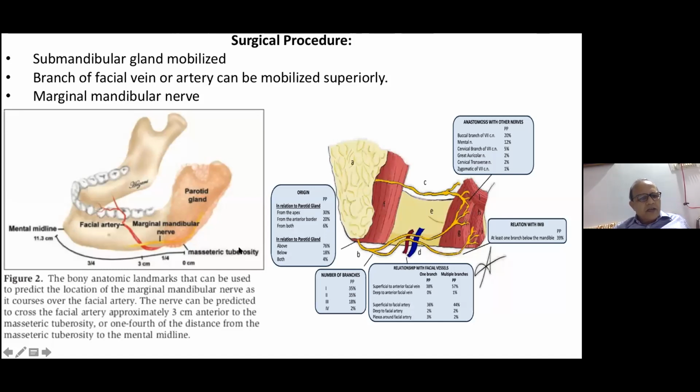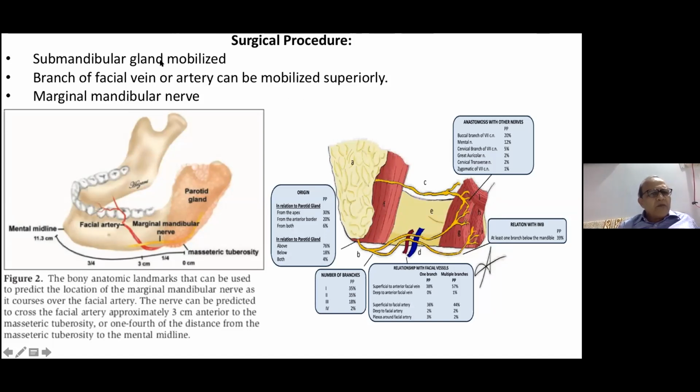You will find that the marginal mandibular nerve crosses the facial artery. So there you can identify it, and this usually goes above. There can be more than one marginal mandibular nerve, which should be saved, otherwise the angle of the inferior lip may get deviated.